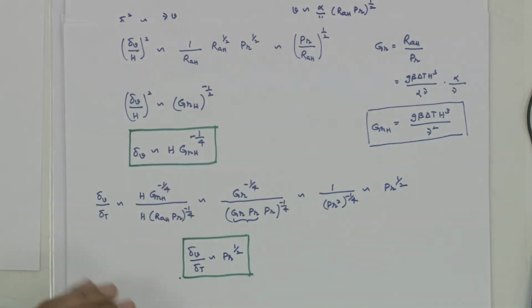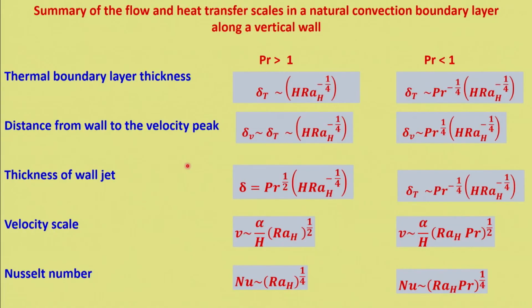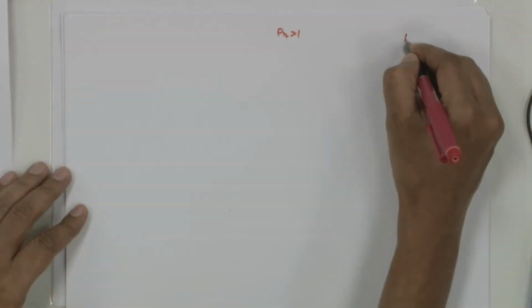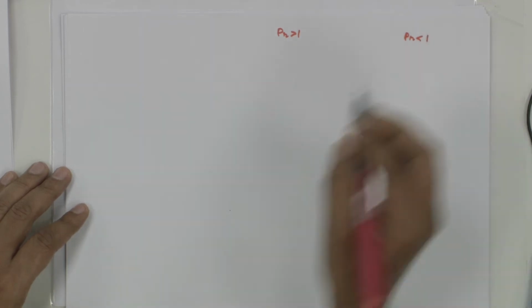Okay, so let us just summarize all that we have studied so far, so that we get a feel of what we have done. Let us write various parameters, that is Prandtl number greater than 1 and Prandtl number less than 1.